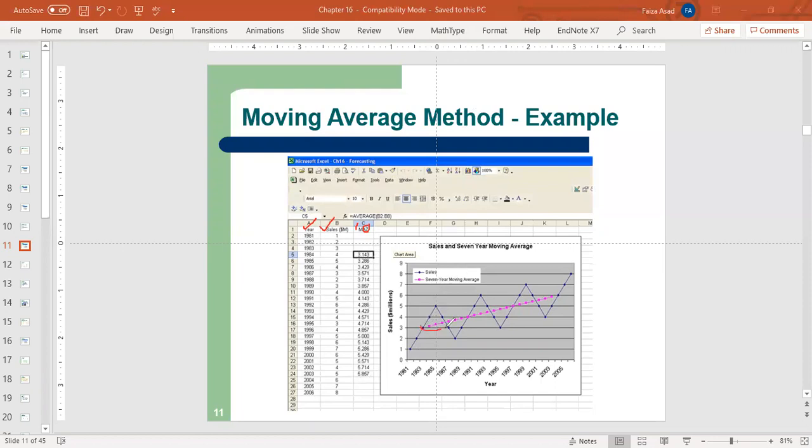This pink line is showing the moving average of 7 years, and this blue line is showing the sales. Here we have the years from 1961 to 2005, and here we have sales. So let's move on.